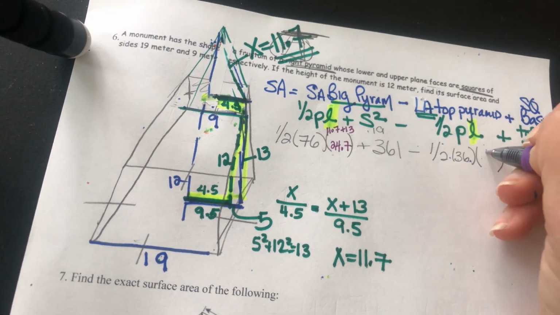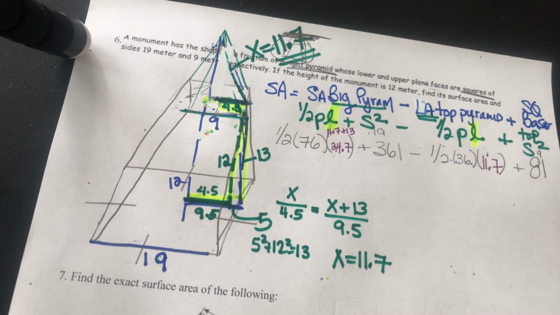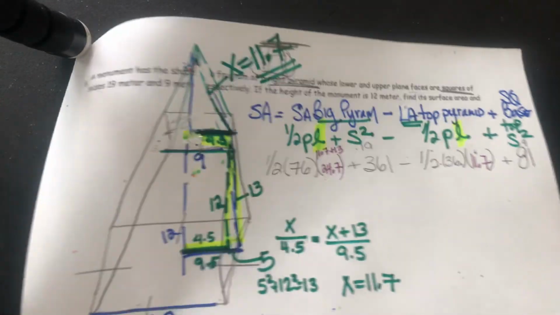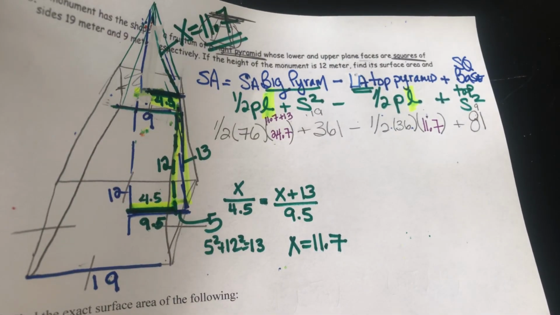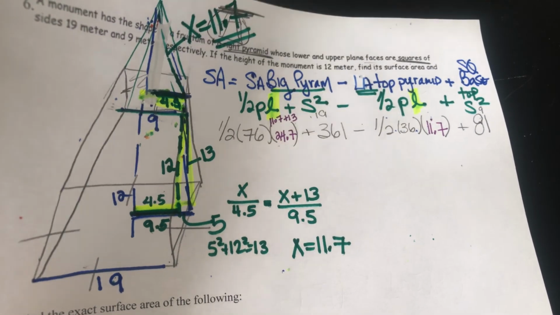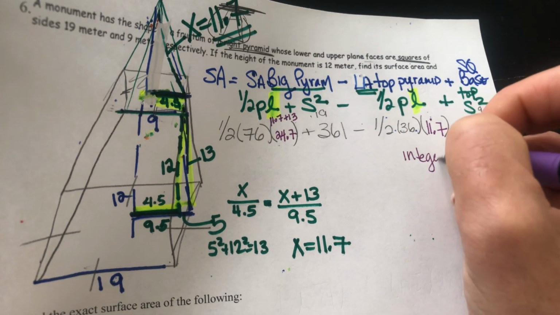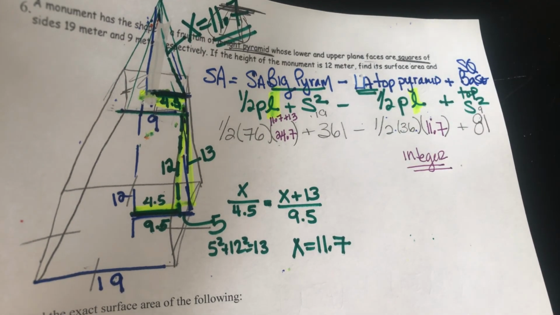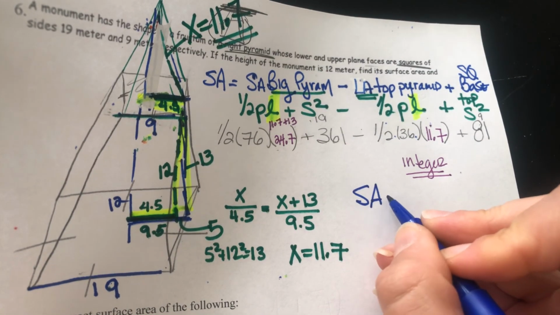And then the slant height of the top, we already know, is 11.7. Okay, yes, I told you these are your harder problems. And then let's go to the nearest integer. Integer is just the whole number, so put it all in your calculator. And here is your final answer.